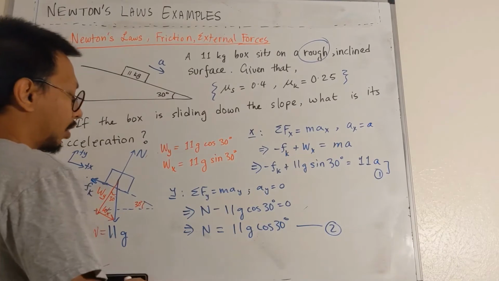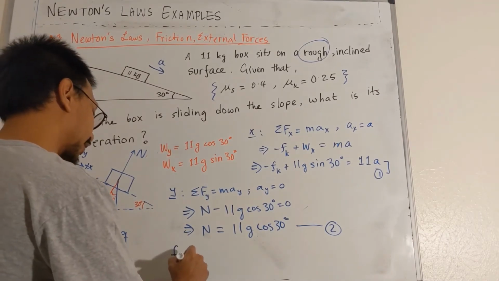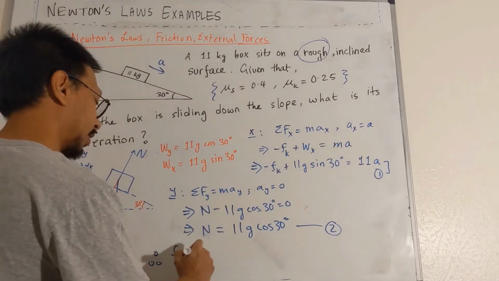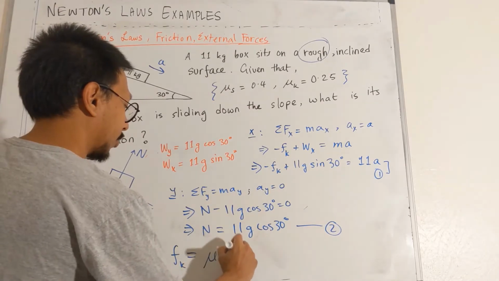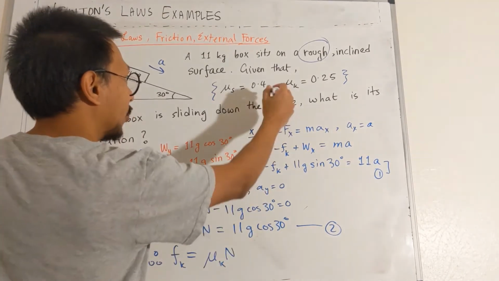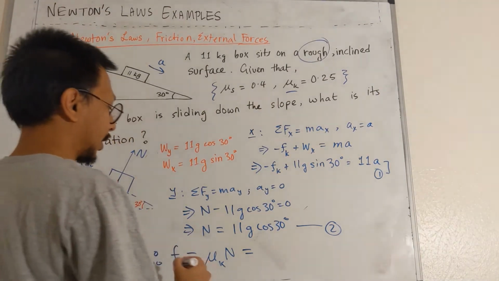Now remember what our definition for friction was. Friction, specifically kinetic friction, was defined as mu kinetic times the normal force. We know mu kinetic, we know the normal force, hence we know friction.